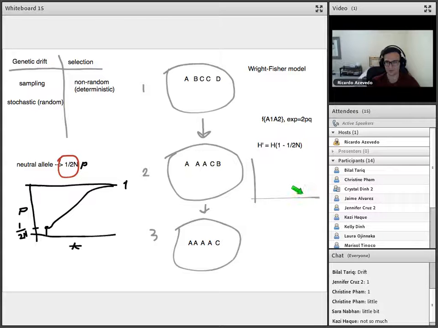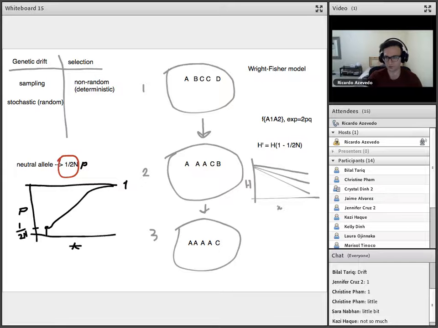So if we have heterozygosity on the y-axis and time on the other, as we decrease the population size, the decline in heterozygosity increases as well.